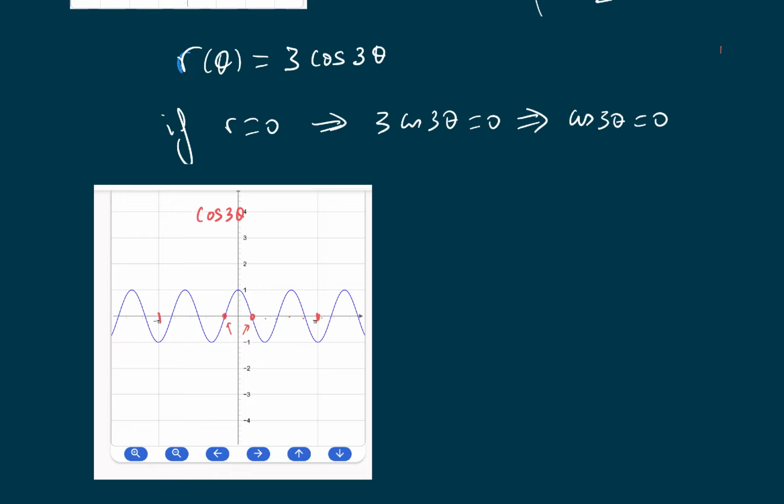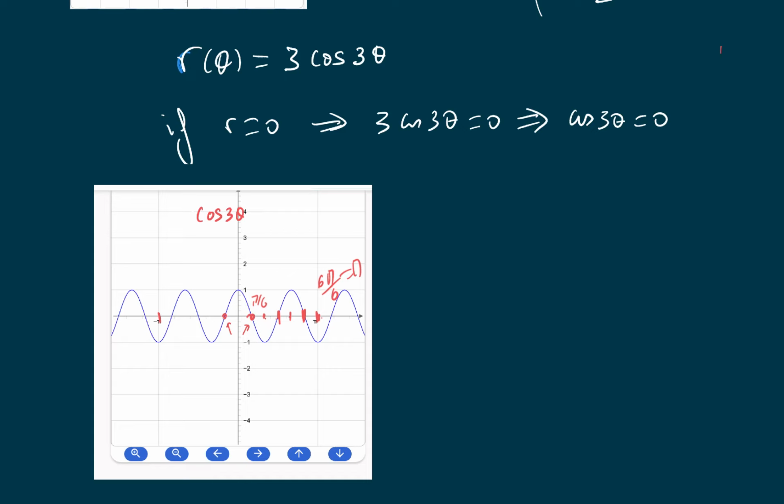So if this is pi, this is pi divided by 6, 2 pi divided by 6, 3 pi divided by 6, 4 pi divided by 6, 5 pi divided by 6, 6 pi divided by 6, which is pi.